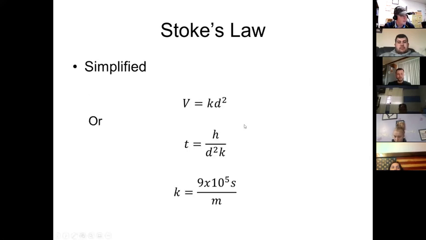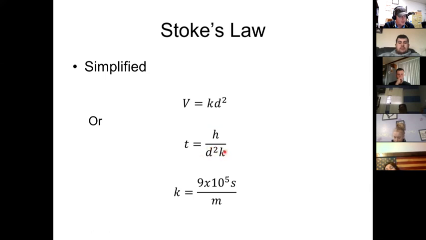So if we simplify this equation, we can determine all these different variables. This one right here, let's pay particular attention to that. This is telling us time, okay? The time that our particle is going to settle depends on how far it needs to fall, that's the h, and its diameter, which is the d squared.